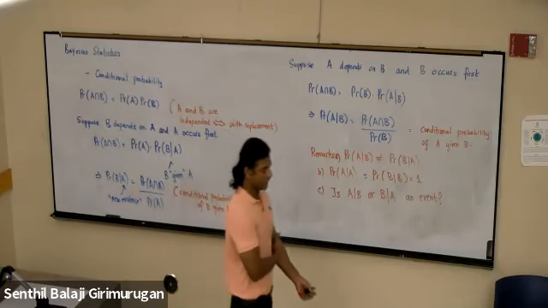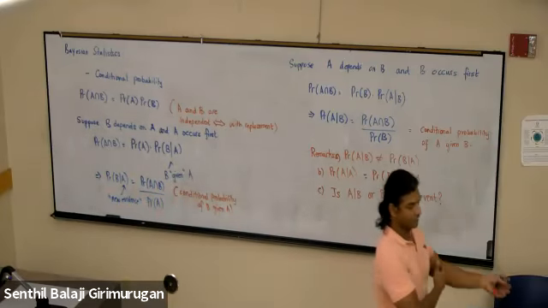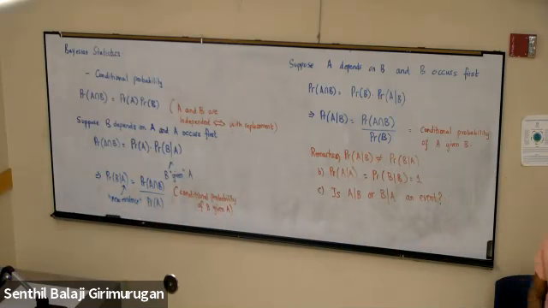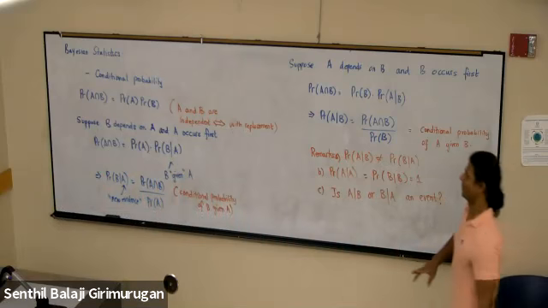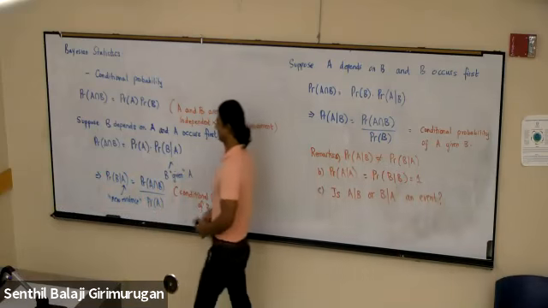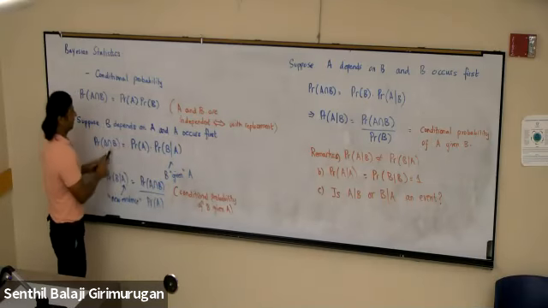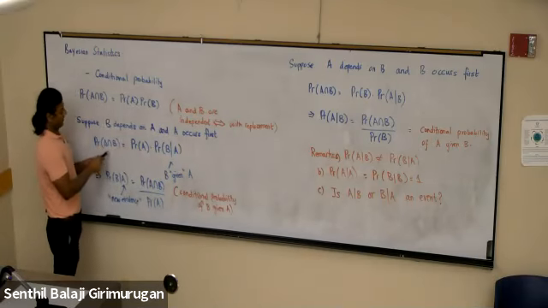We defined event at the very first day of class in terms of set theory. I would like to know if A given B or B given A is an event in its entirety. According to this, A, B could be an event if it happens in sequence.